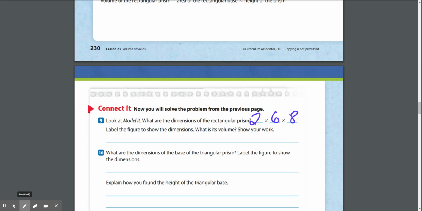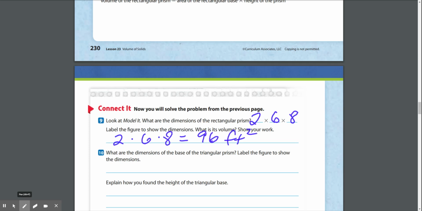What was the volume? 2 times 6 times 8 equals, let's see, 96. And 96 what? Because that's just the number. What are the dimensions of the base of the triangular prism?